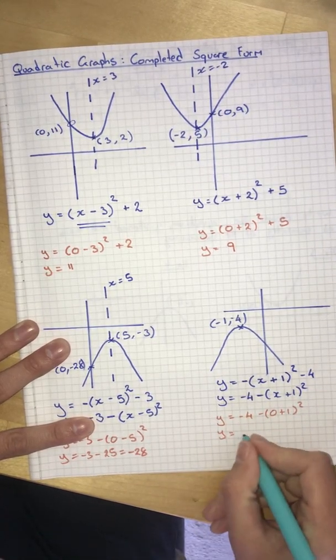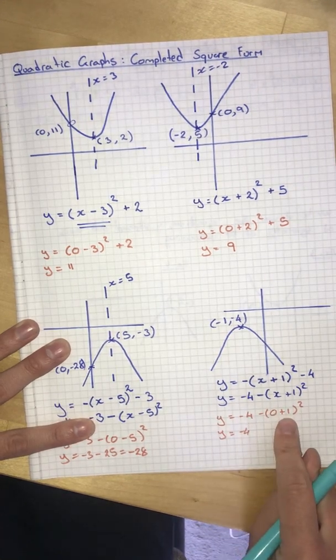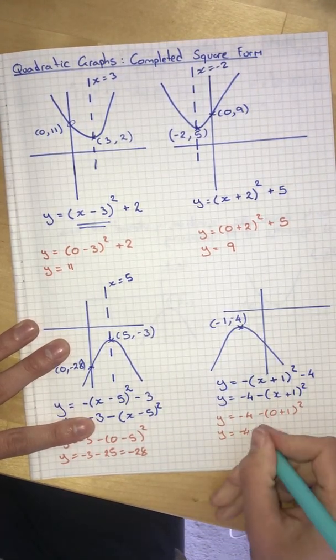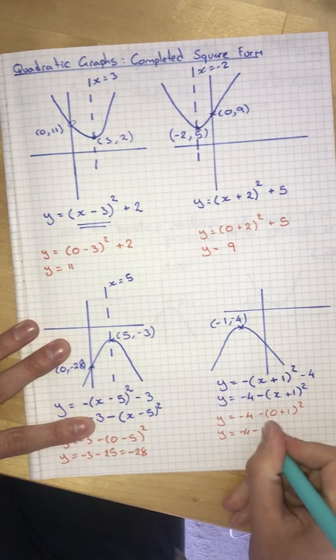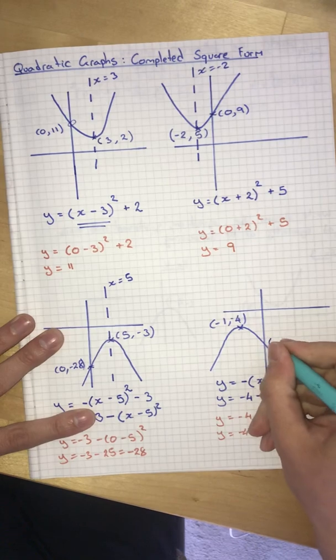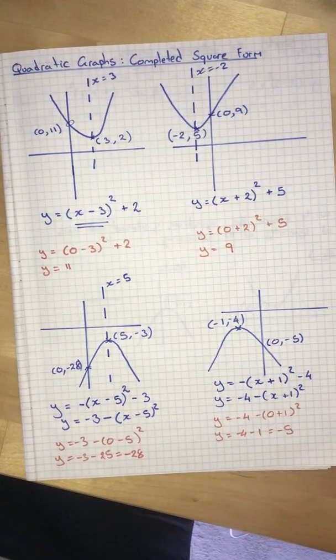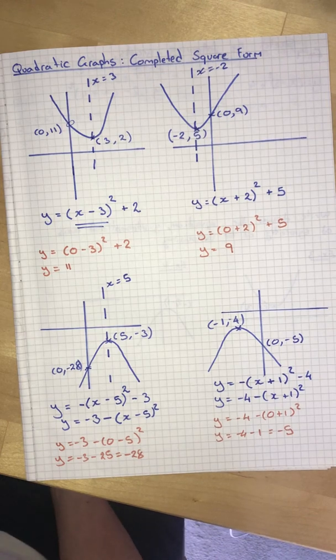Negative 4. 0 plus 1 is 1. Squared is 1. So it's minus 1. That's negative 5. So that is 0, negative 5. Okay, so that is the quadratic graph, but in completed square form.